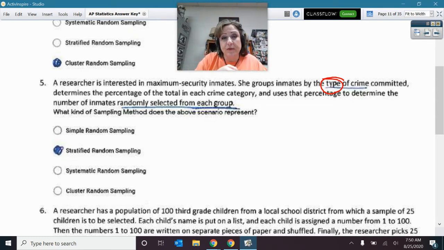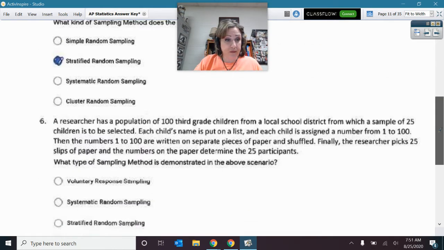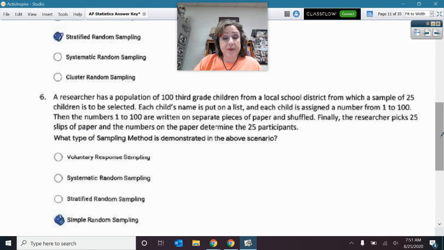And then 32% murder, then they selected 32% of their sample to be murder, okay? So they selected from each group, some of you and some of you. That's stratified.